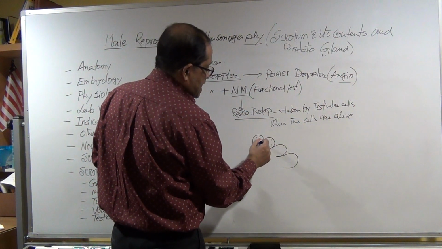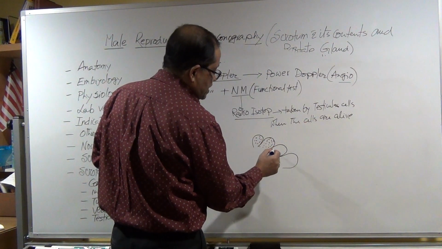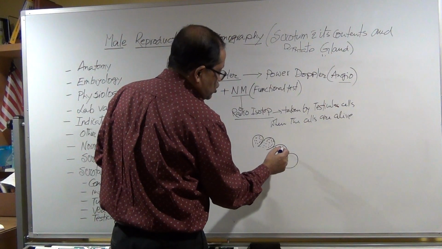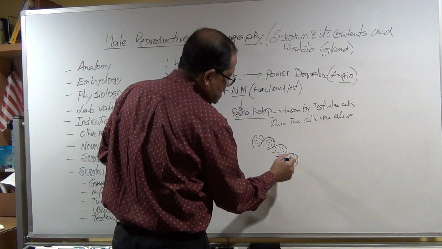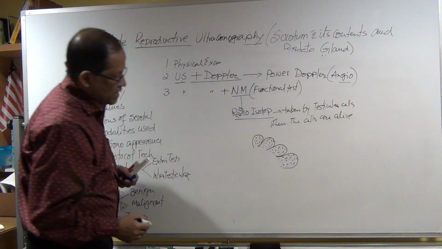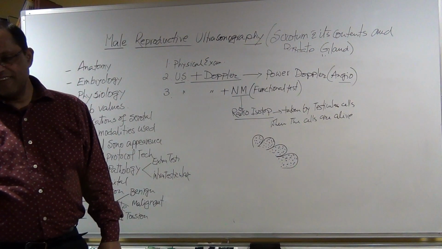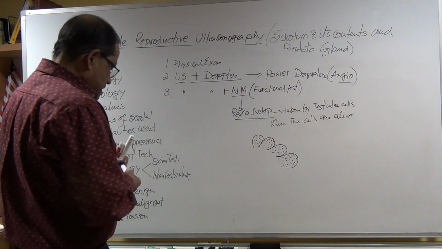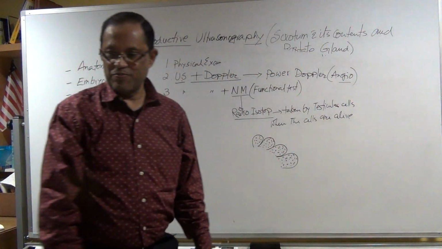When they take the picture, if you see the radioisotopes present inside the testicular cells, that means what? The cells are alive. That means, yes, let's take the patient into the operation room.